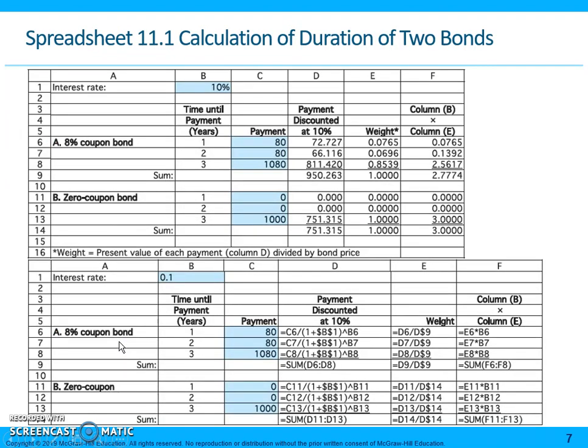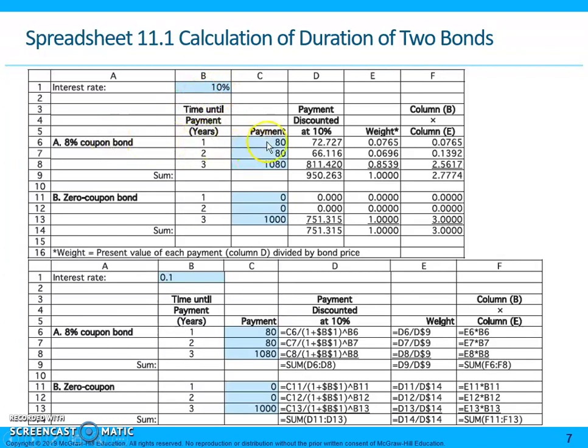This is an example. It's a spreadsheet and shows a calculation of duration. We have our 8% coupon bond. Time to maturity is 3 years. The current interest rate is 10%.